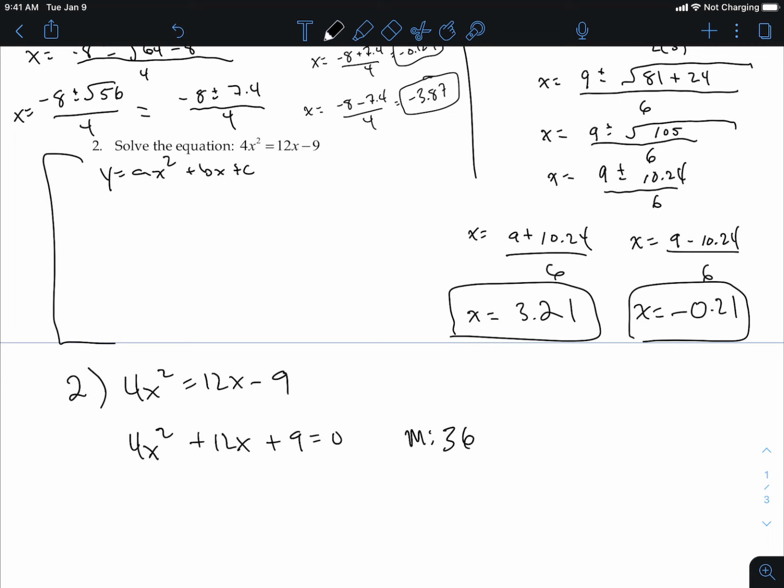It's 36. This is a fantastic question. Isn't it negative 12? Oh, don't burst my bubble. Yes, it is. Yes, sorry. Hold on, one sec. This is still a fantastic question.